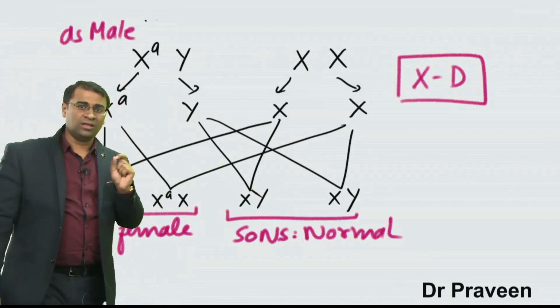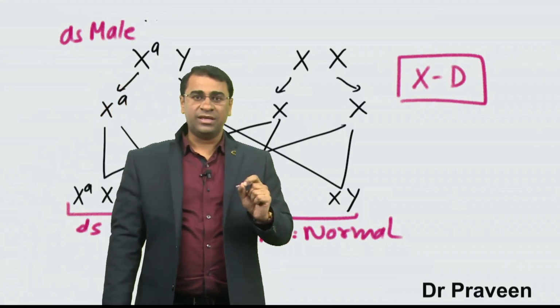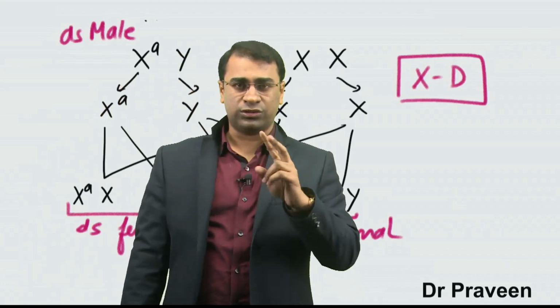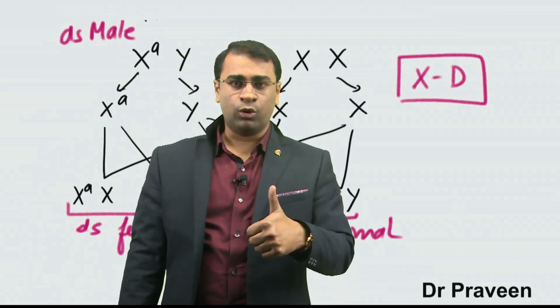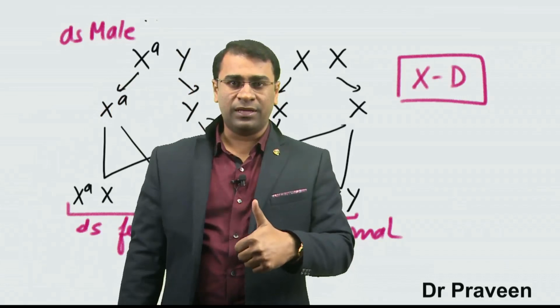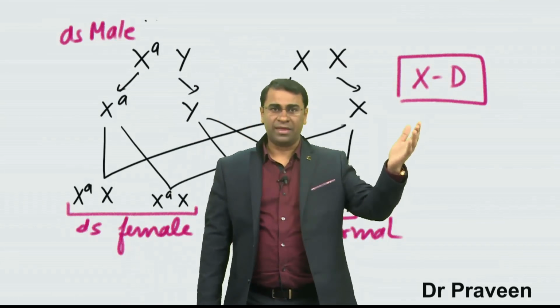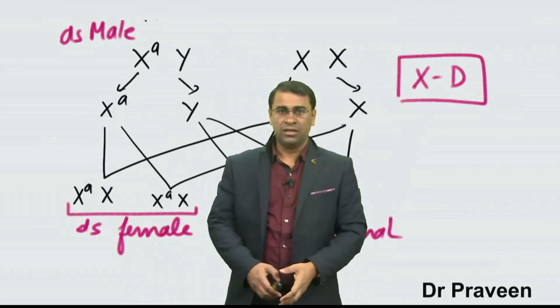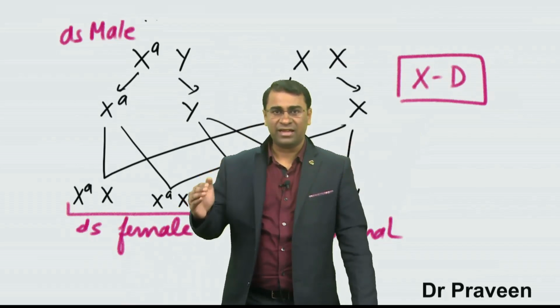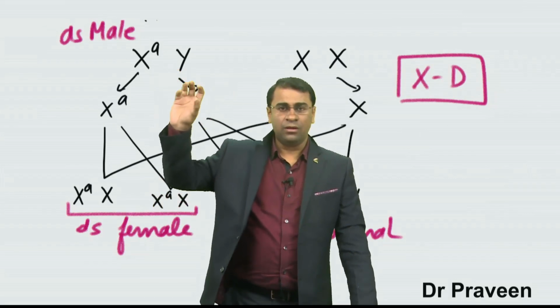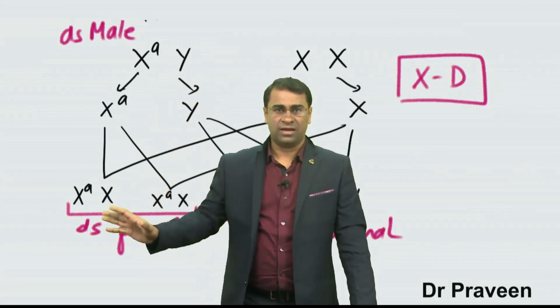Let's quickly recapitulate my two rules. Rule number one is rule of dominance: if any child is diseased, one of the parents must be diseased. Second is rule of X-linked disease: a male will never transmit to son.